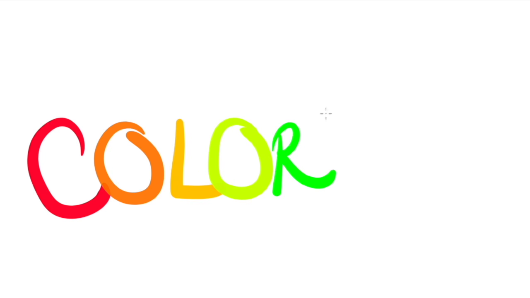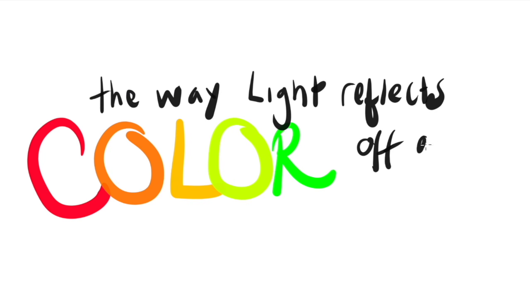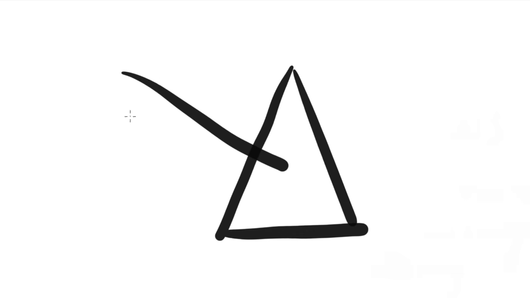Let's start by defining what color is. It's the way that light reflects off an object. To mix science into this lesson, think of a prism. White light passes through the prism, and as that light passes through, the light bends.